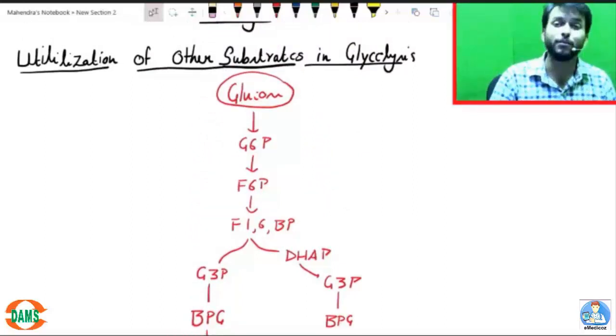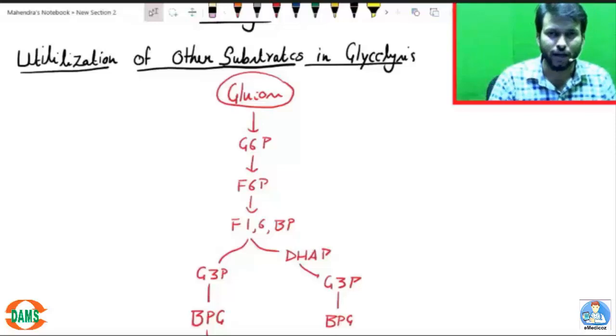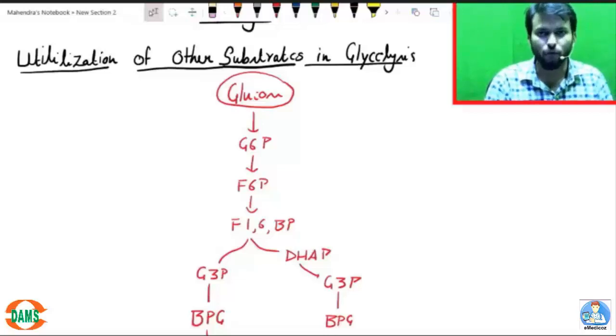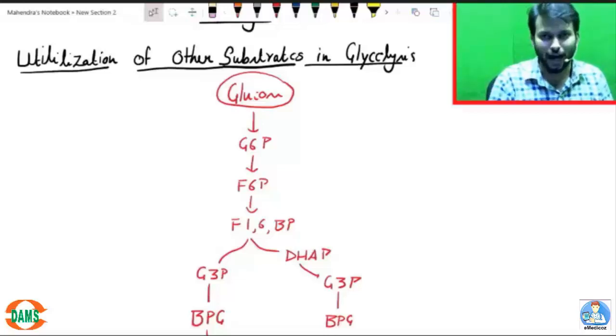Now, which sugars enter into these pathways? I am giving you a brief description, after which I will give you the whole bunch of enzymes responsible for this feeder pathway, or how the sugar is able to enter into this pathway.